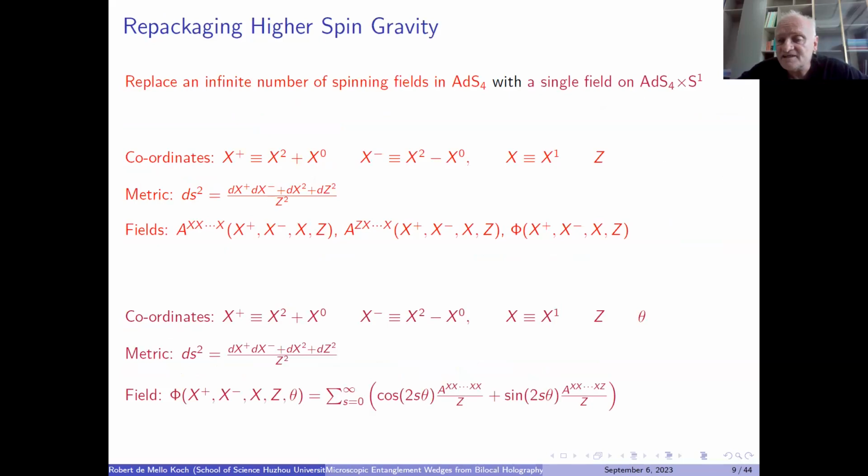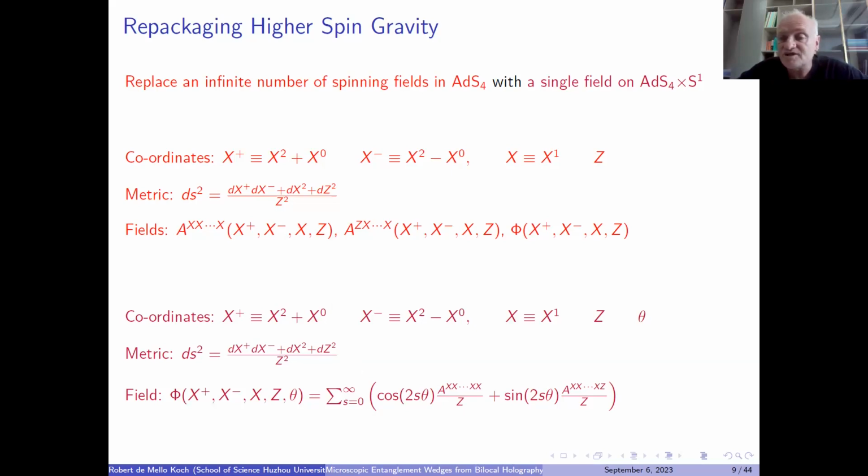I'm going to find it convenient to repackage the fields that appear. So we've got the usual AdS4 coordinates, and the fields that we've got are a bulk scalar, and then gauge fields of every even integer spin. I'm going to use an alternative description where I introduce an extra coordinate theta. When I introduce theta, the metric doesn't change. So you shouldn't think of this as an extension of space-time. Theta is not geometrical.